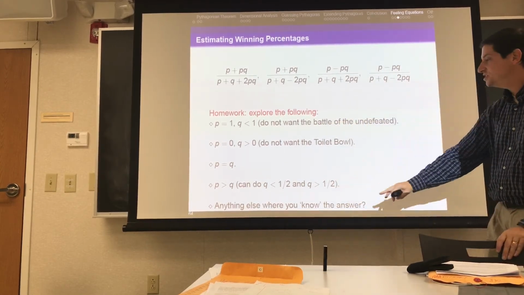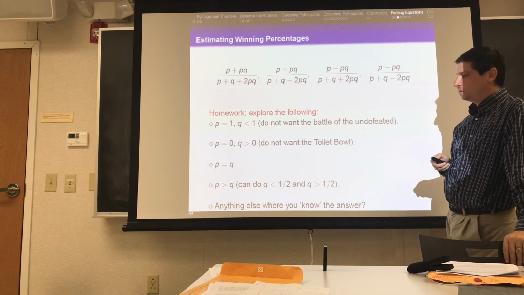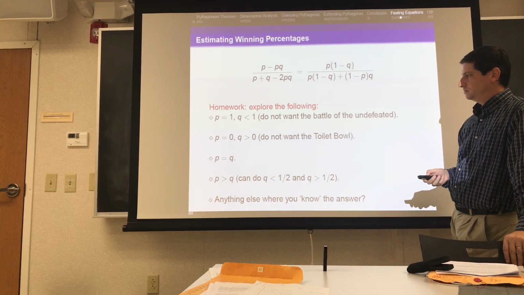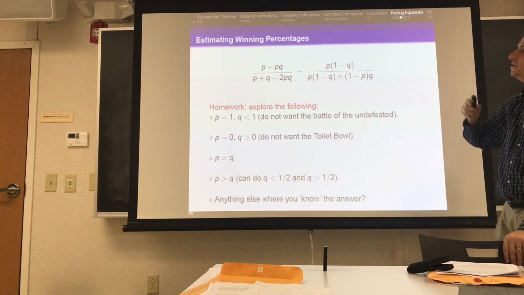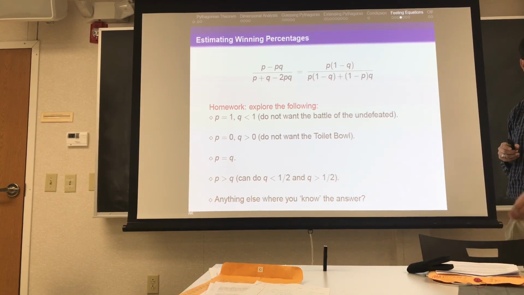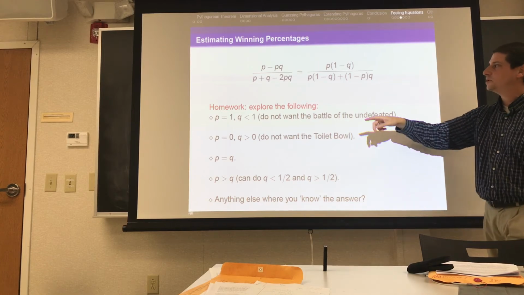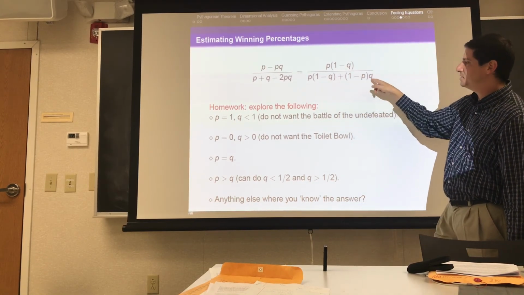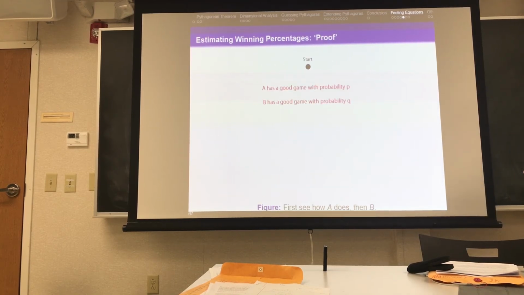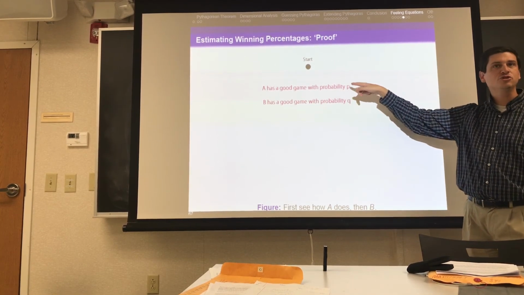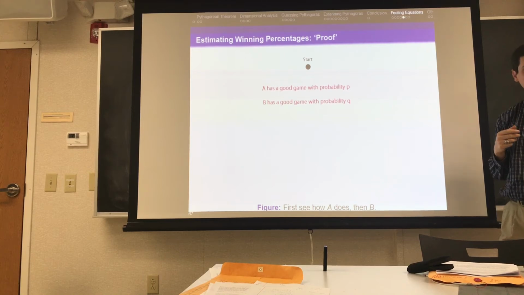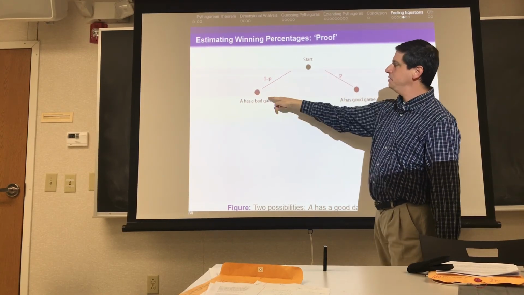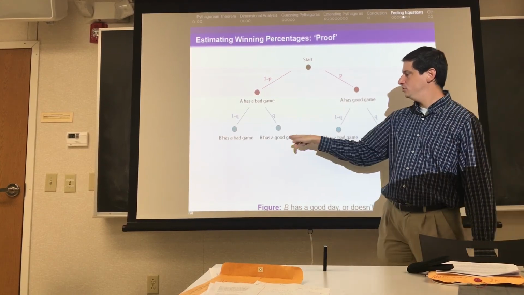So, but then this is a good one. If P is greater than Q, then what happens? And so when you start looking at it, eventually you see that you can rewrite things in a good way. And if you rewrite things in a good way, the algebra becomes clear. This is P times 1 minus Q, over P times 1 minus Q plus 1 minus P times Q. And now if you look at it, assume A has a good game with probability P and B has a good game with probability Q. So here A has a good game, A has a bad game, B good game, bad game.